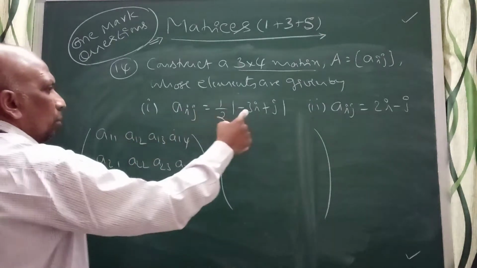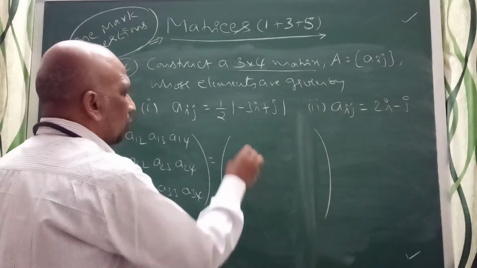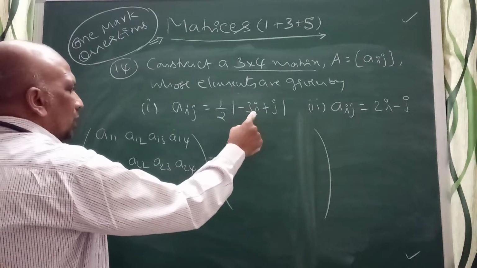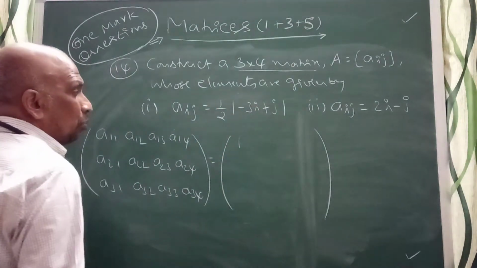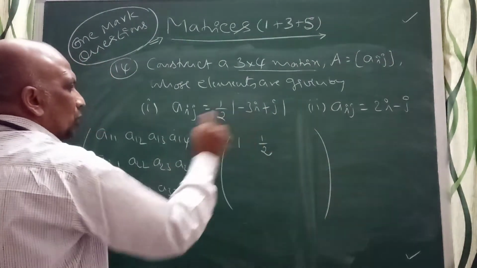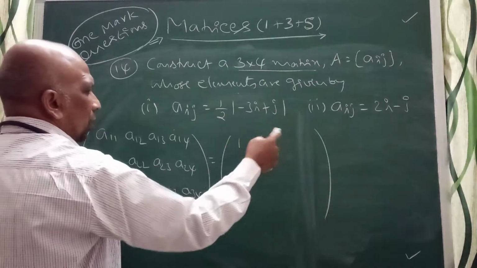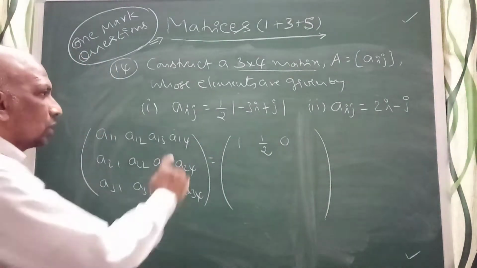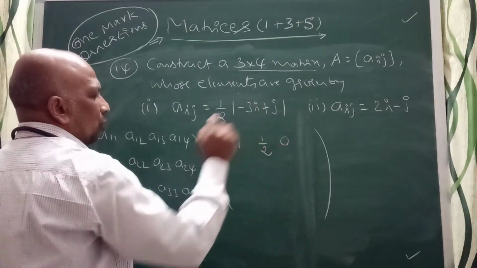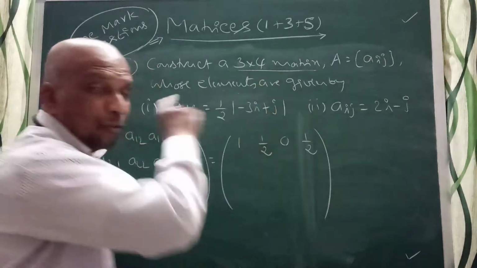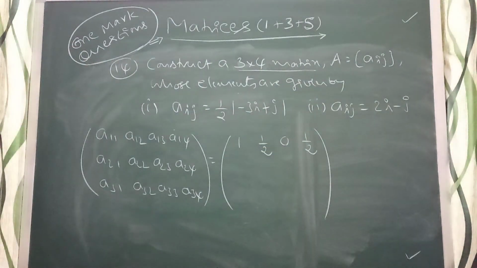Minus 3 plus 1, minus 2 by 2, it will come 1. 1, 2, if I substitute here, minus 3 plus 2, you will get 1, 1 by 2. If it is 1, 3, if we substitute minus 3 plus 0, it will be 0, right? If it is 1, 4, minus 3 plus 4, you will get minus 3 plus 1, you will get 1 by 2.